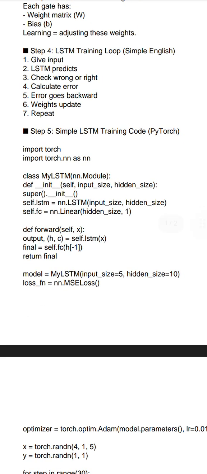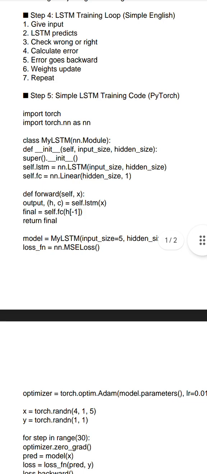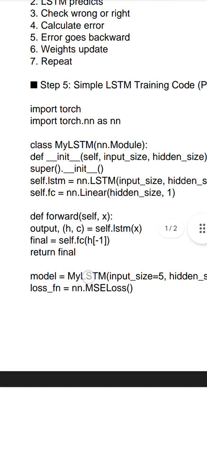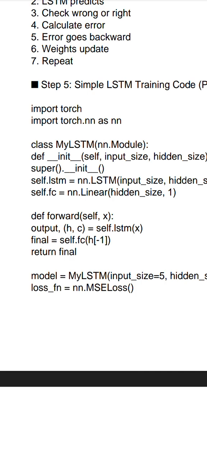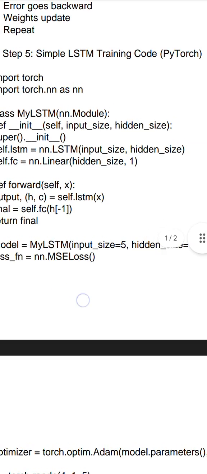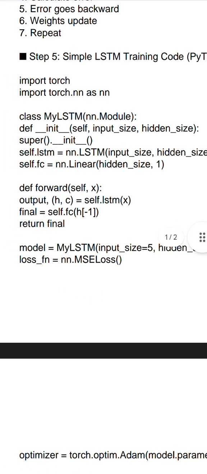Here we have the LSTM training code in PyTorch. Import torch, and as a class, nn.Module has a lot of power. Then define __init__ with input size and hidden size, and super. Here we are taking all the powers using the super method.